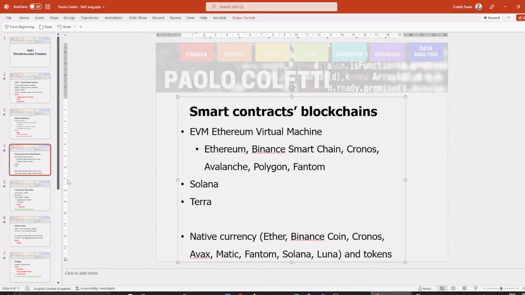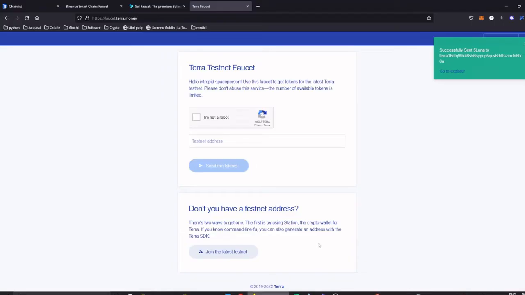We'll see later on how this is technically done. However, the Terra blockchain is in some aspect peculiar because even though it has one native cryptocurrency, it has several other cryptocurrencies which are almost native. We'll talk about them later when we talk about stablecoins. I don't want to talk about them now.